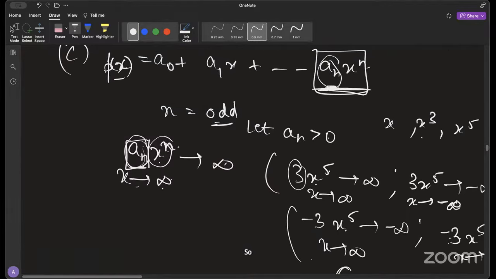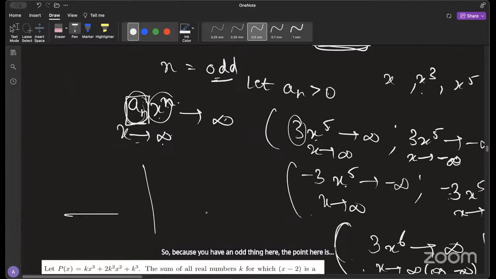So because you have an odd power here, the point is that if you have a polynomial and the leading term is a_n x^n, if you take a_n positive, like in this one, when x tends to infinity, this leading term tends to infinity. That means your polynomial tends to infinity.